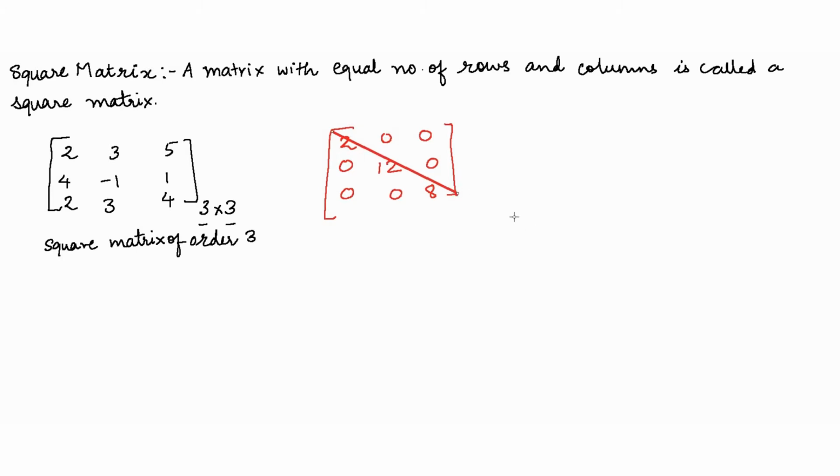So a diagonal is possible only in case of a square matrix. In case of a rectangular matrix, it's not possible. So the diagonal elements of this matrix are not 0, whereas all the other elements are 0, and that is why such a matrix is called a diagonal matrix.